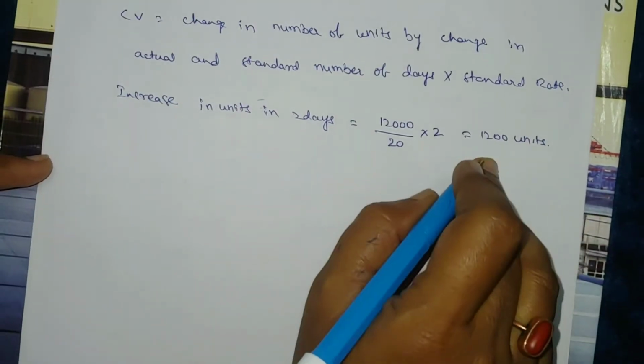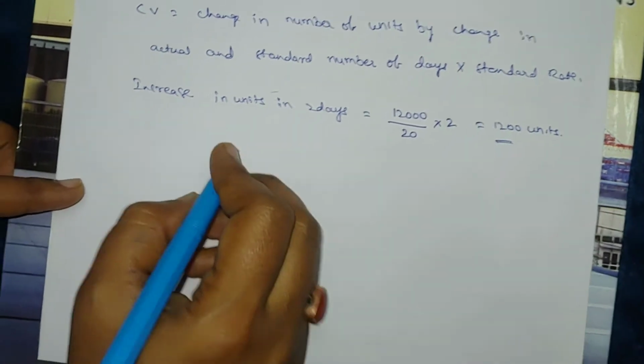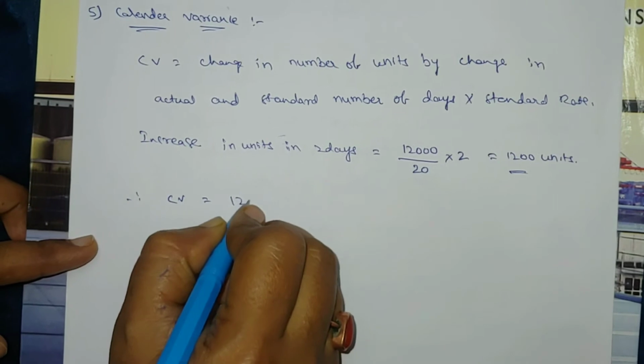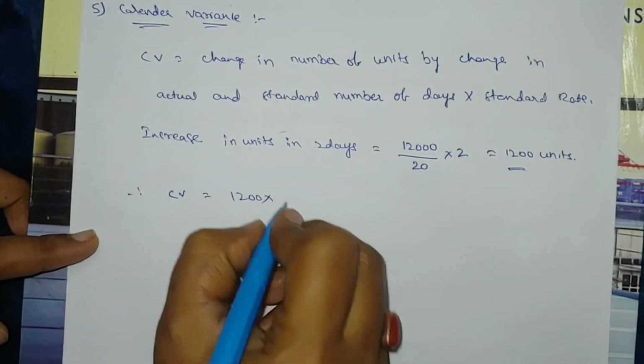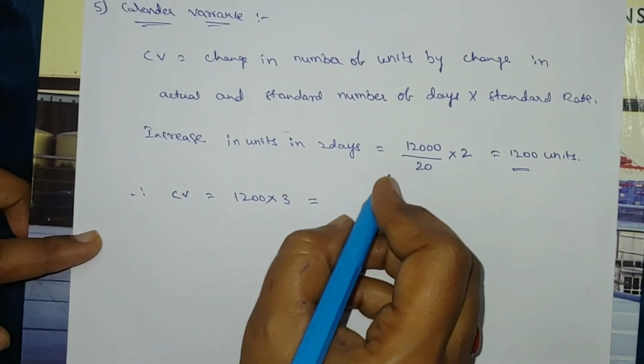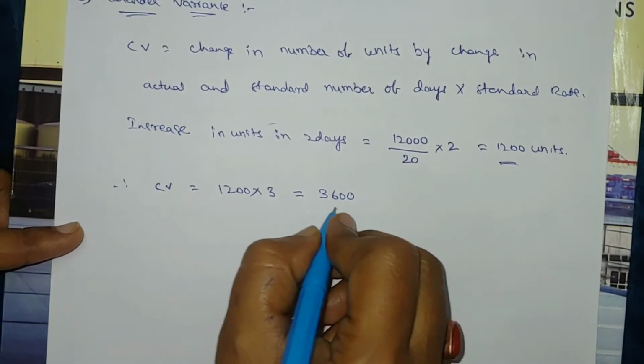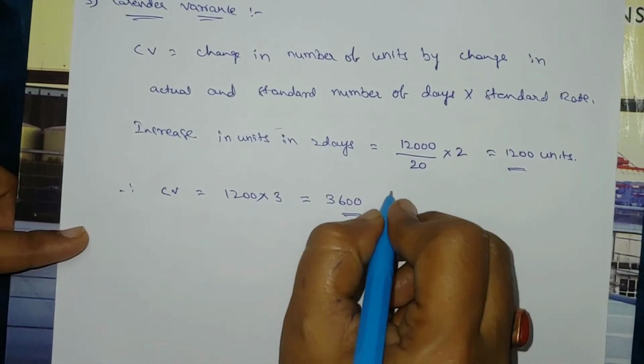It is increase in units. Therefore, calendar variance is equal to 1200 units into standard rate is equal to 3 rupees, 3600. It is favorable.